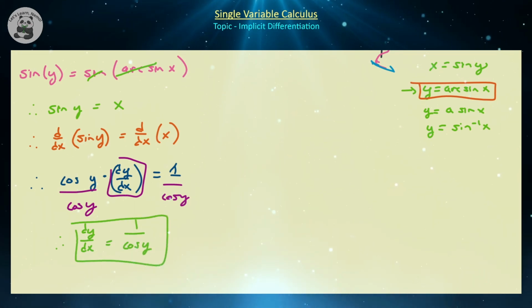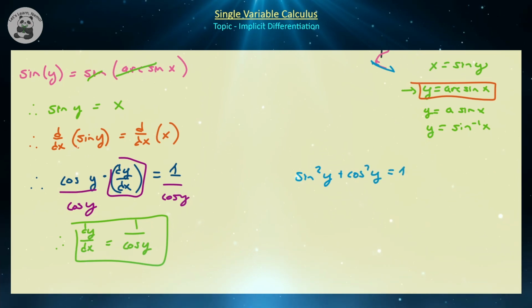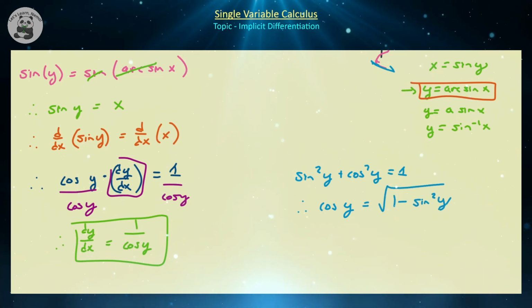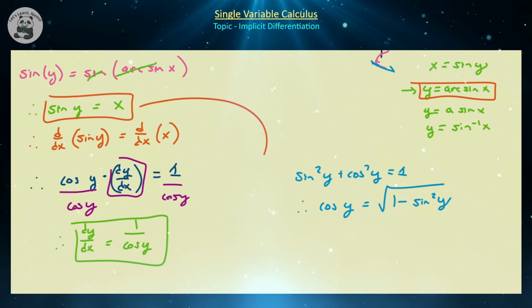And you may think, okay, that's my answer. But notice that this should be a function of x, not a function of y. So we need to do some algebraic trickery to get that into the form that we want. Recall that the sine squared of y plus the cosine squared of y must be equal to 1. If we solve this expression, cosine of y is equal to the square root of 1 minus the sine squared of y. But keep in mind what the sine of y is: the sine of y is equal to x.